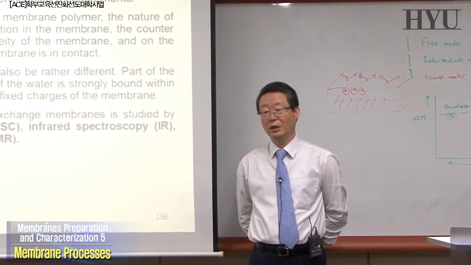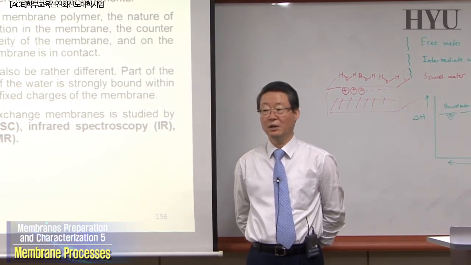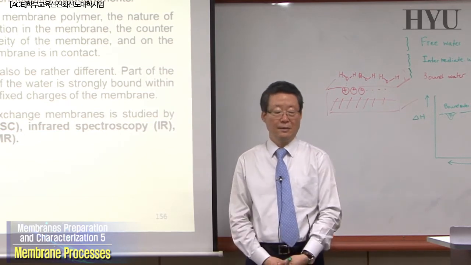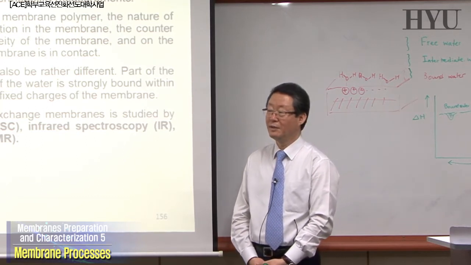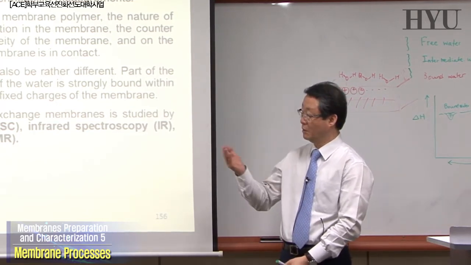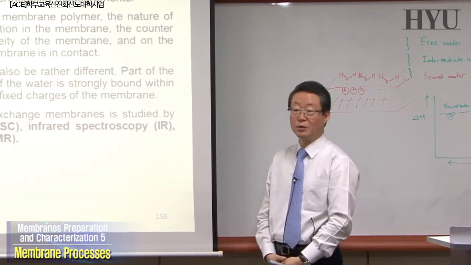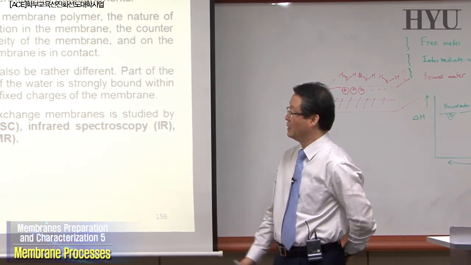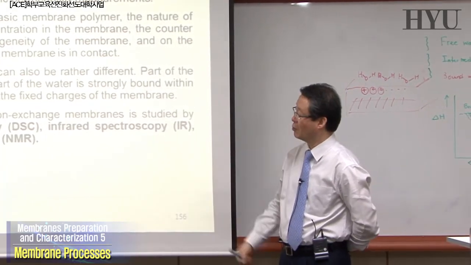Usually, if we break down into three, although it's not easy, you need very highly endurable experiments and time, although it's time consuming, if you can get the breakdown of your water contents, it will be much more informative in analyzing your data. And DSC is widely used in measuring the different states of water.